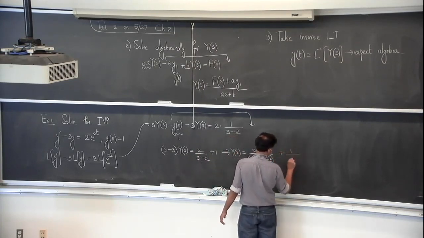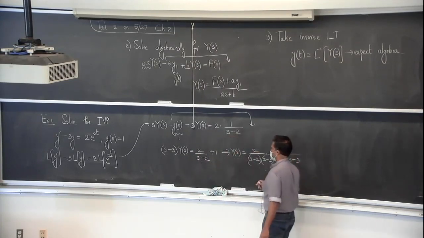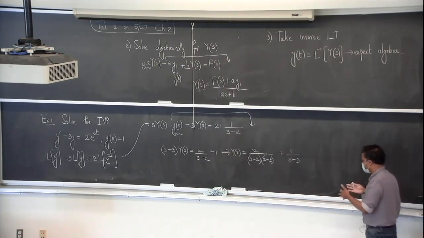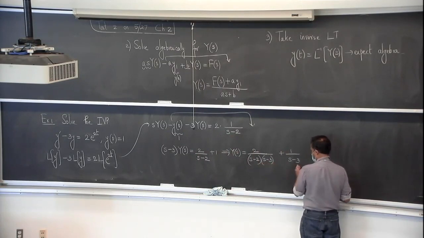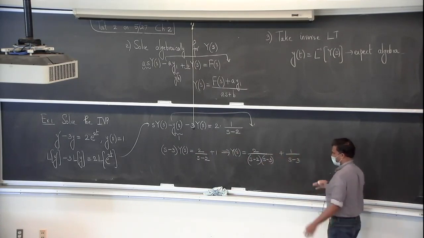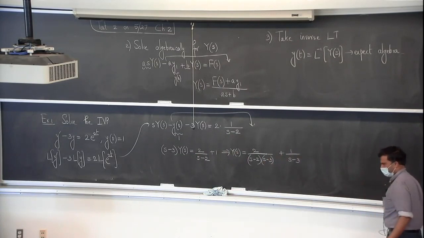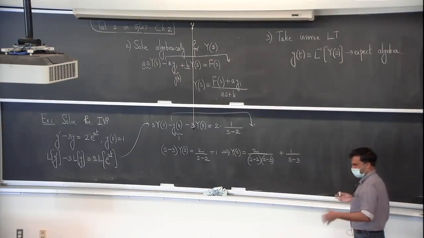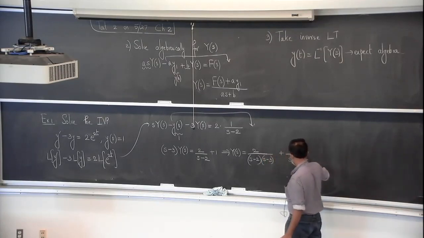That's 1 over s minus 3. Usually students have questions whether it's wise to combine these two into a single term. There is no perfect answer to that. I would just leave it separate for now and later if you have to combine it, you could do it. In general, it's probably not a good idea to simplify things ahead of time.